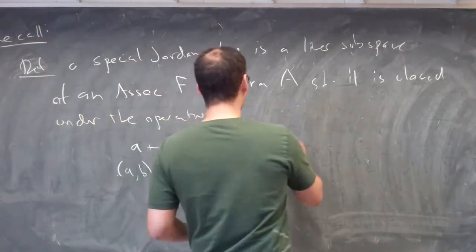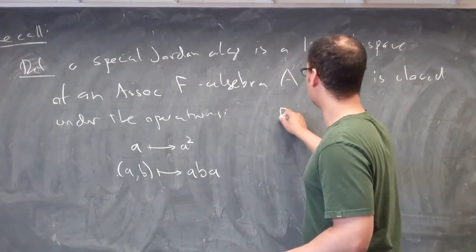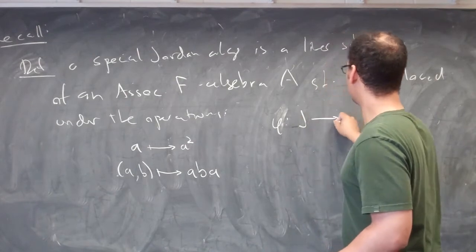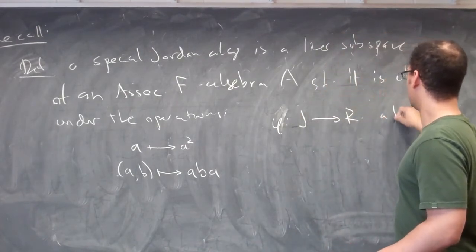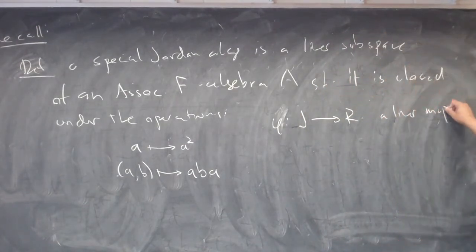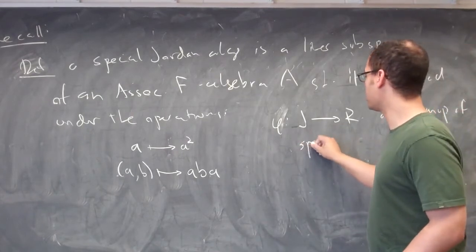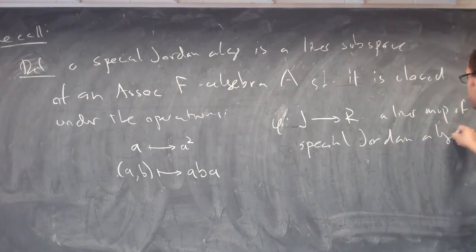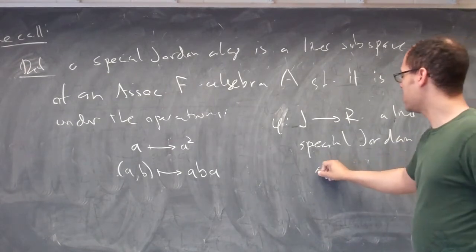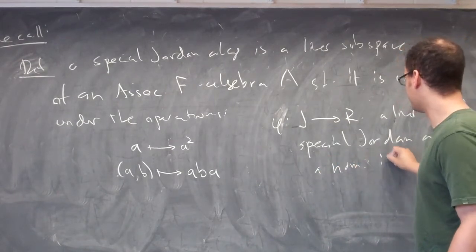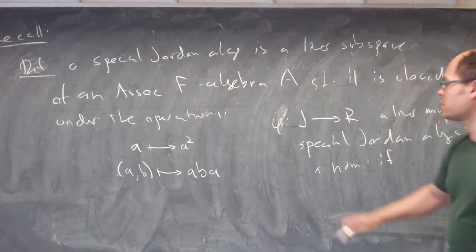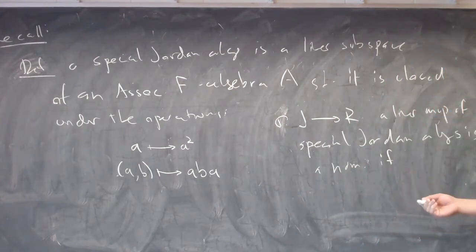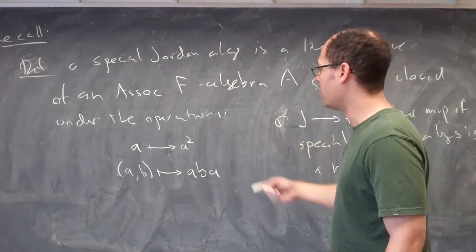And we say that a linear map F from J to R of special Jordan algebras, actually let me call it sigma like I was doing before, is a homomorphism if it preserves these two operations.